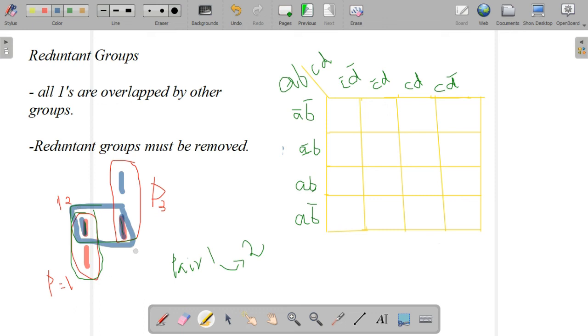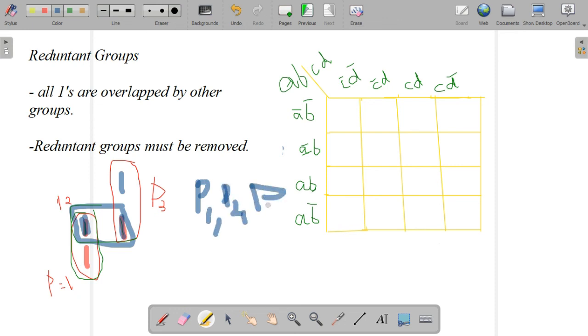And in pair 2, we got 2 ones, this one and this one. So in pair 2, all the ones are overlapped by other pairs, is it? Yes.